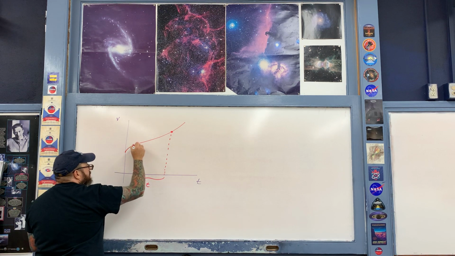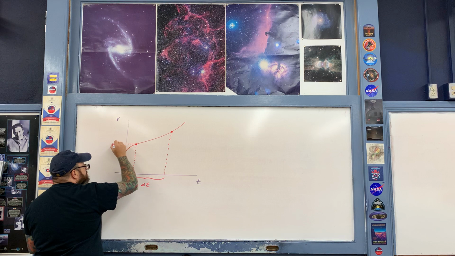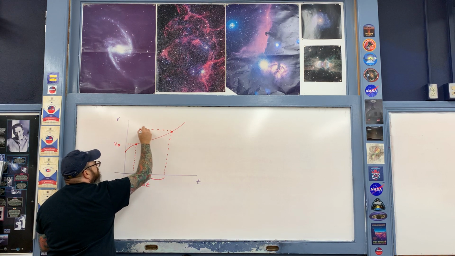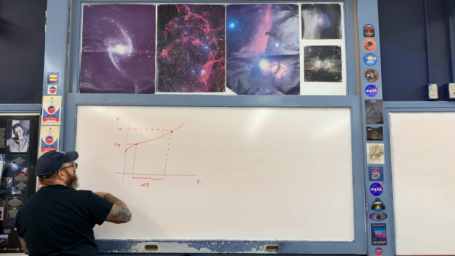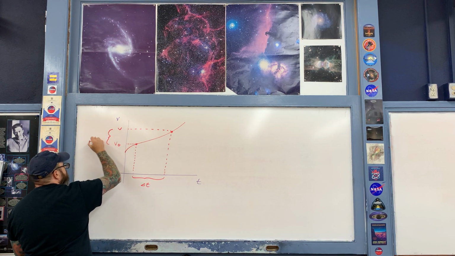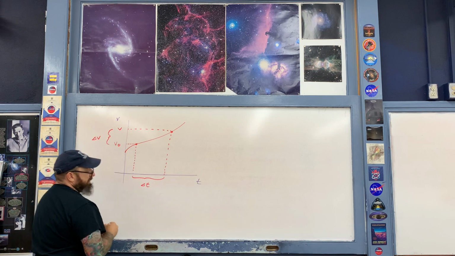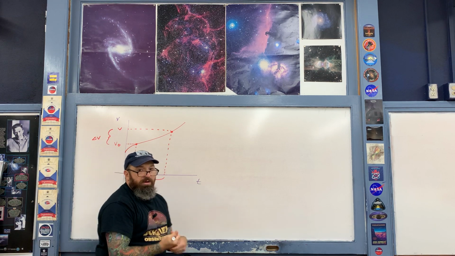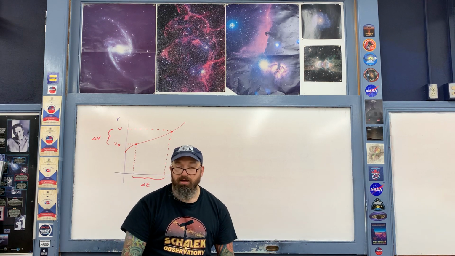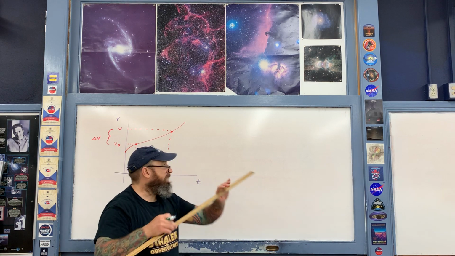When we start the clock, however, here on the velocity axis, we have an initial velocity v naught. When we stop the clock, right over here, we have a final velocity v. So notice that this distance right here on the velocity axis is the change in velocity delta v. And now I'll once again go ahead and connect the 2 points with a chord, a line, and then let's calculate the slope of that line.